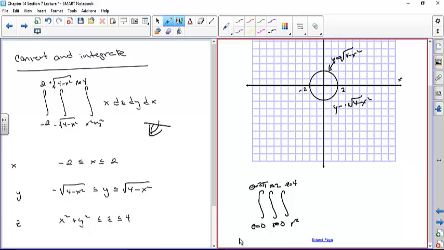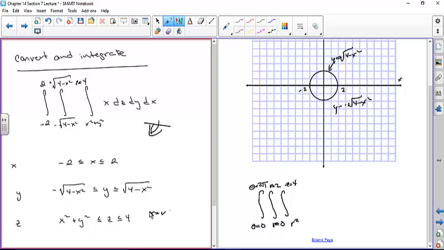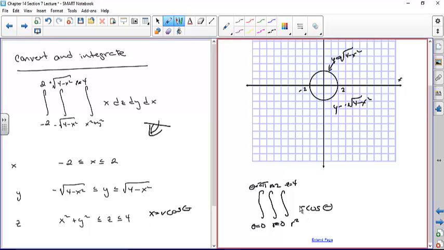So we use the substitutions that r squared equals x squared plus y squared, and x is equal to r cosine theta. So that's r cosine theta. And then dz, dy, dx become r dr d theta.